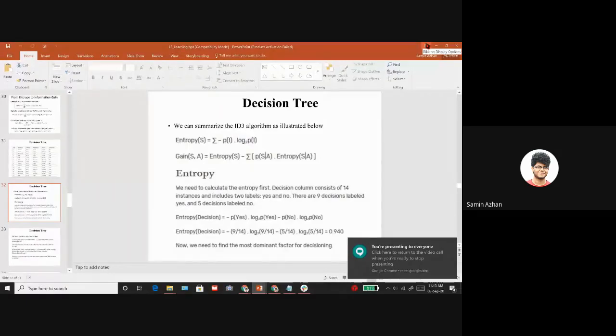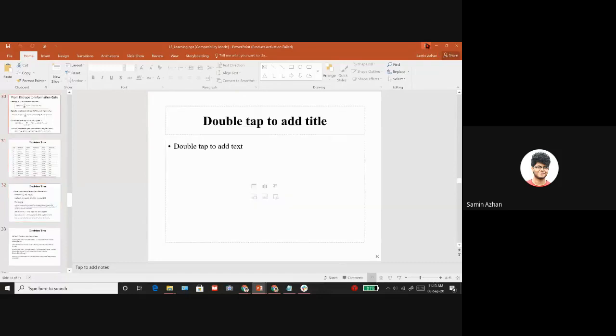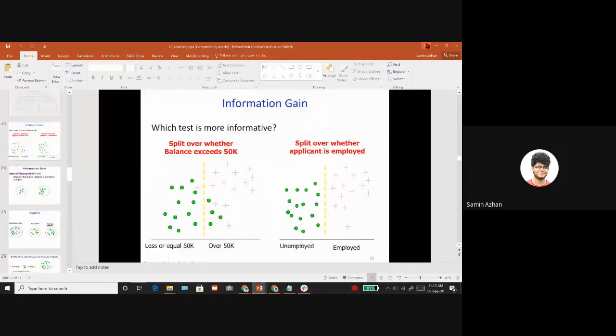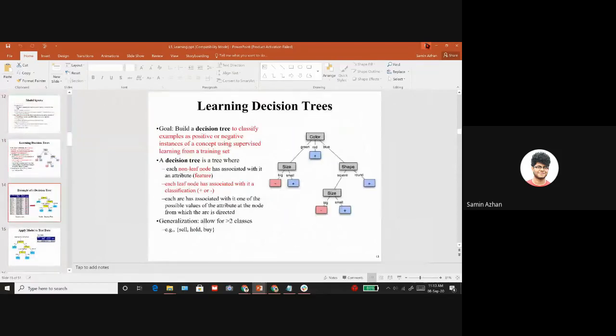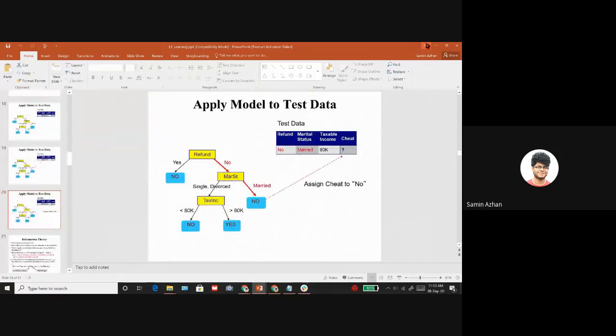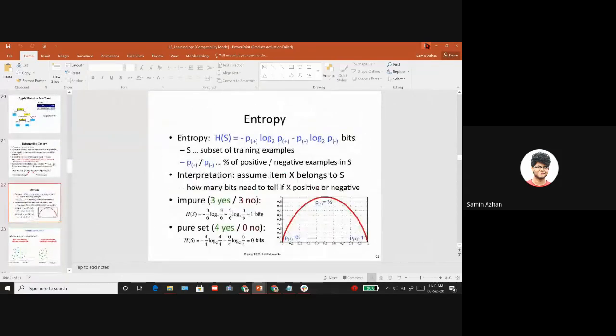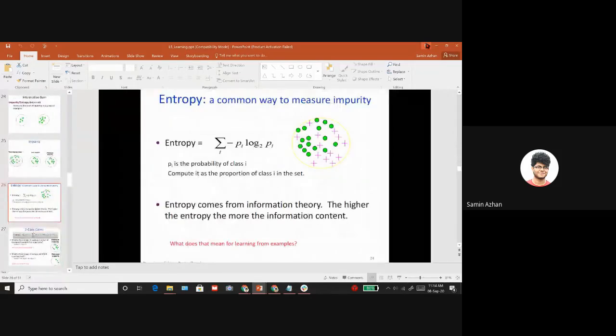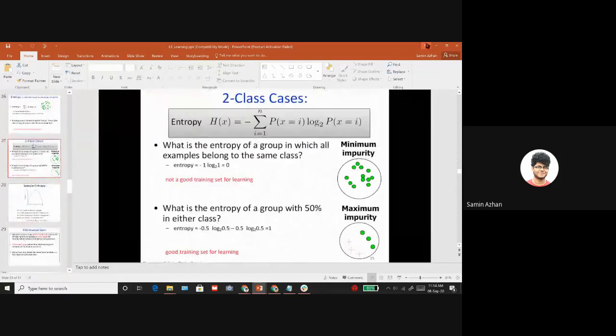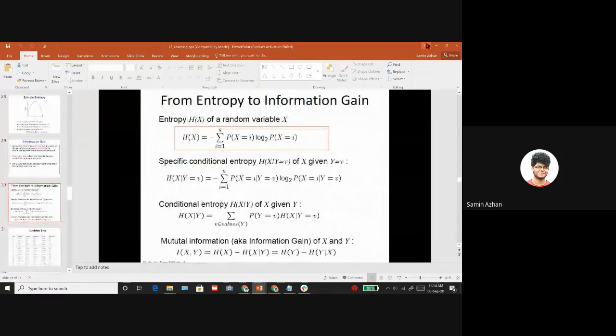Okay. So in the last class, we talked about machine learning, supervised learning, and unsupervised learning. We talked about decision trees. We talked about something called information theory, entropy, and also information gain.